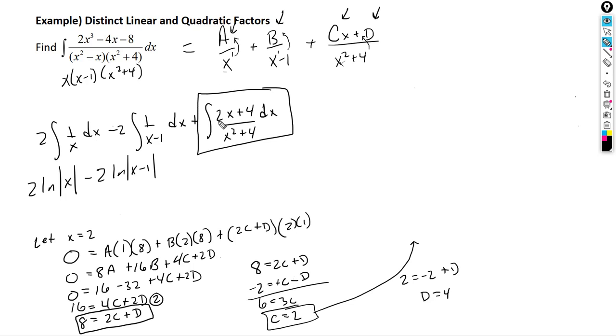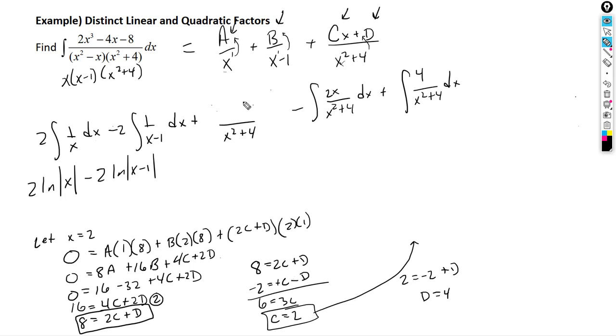Because my numerator is a binomial, my denominator is a binomial, what if I said this is equivalent to the integral of 2x over x squared plus 4 dx, plus the integral of 4 over x squared plus 4 dx? Is that the same thing? Well, because they have the same denominator, I add the numerators up, and yeah, that's actually the same thing.